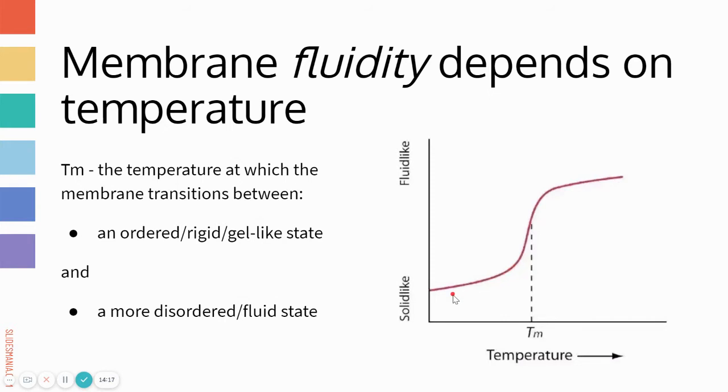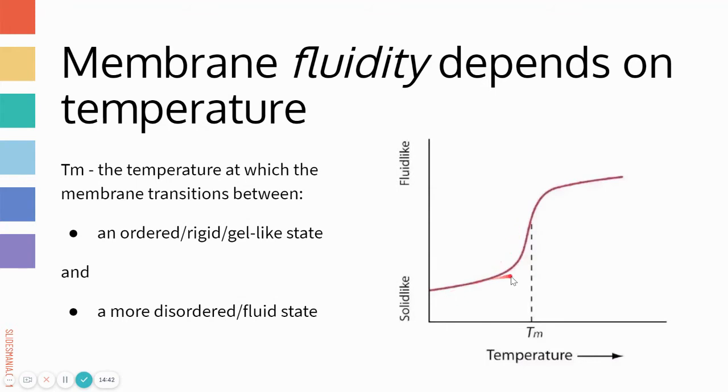So that's the characteristic curve for a melting curve for a membrane. And so what you're looking at on the top side, or this upper region, is when the membrane is more fluid. So this is when I was talking about it being more like olive oil, really mobile. That's what we're seeing up here.